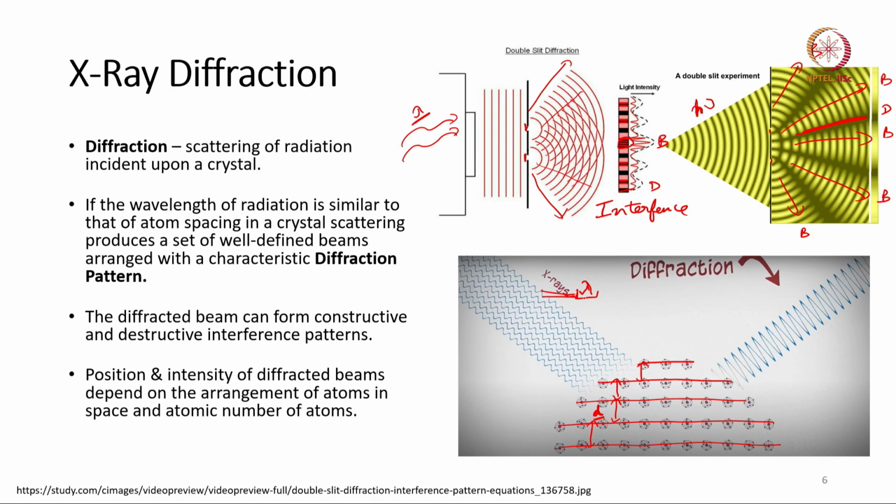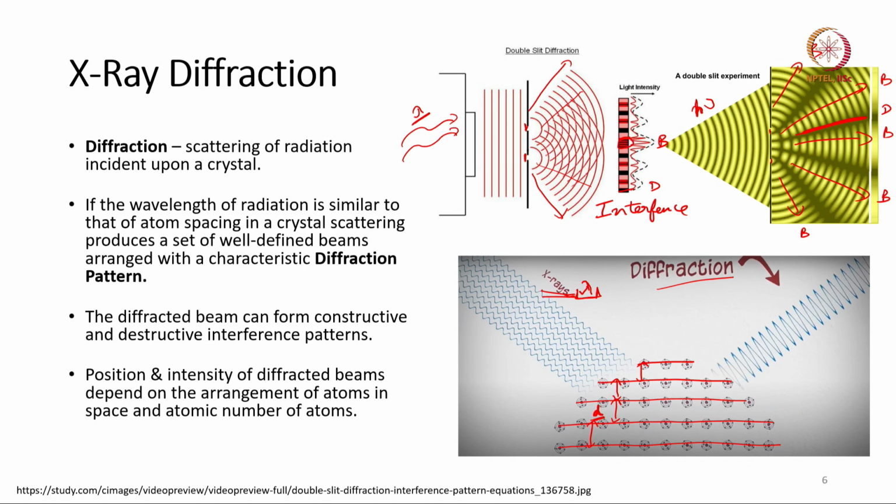Whenever the incident X-ray wavelength lambda is of the order of d, the interplanar distance, we have the phenomenon of diffraction, right. We utilize this phenomenon in our X-ray diffraction instrument.